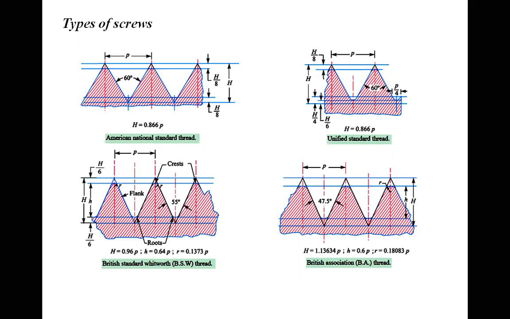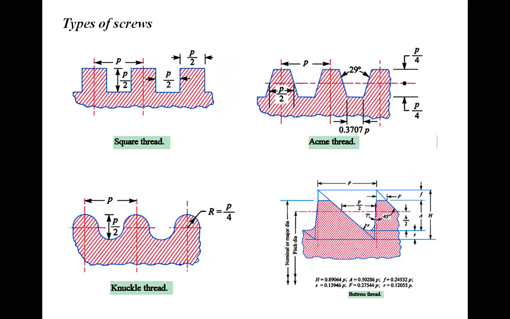If it is 55 or if it is 47, then the British have given these two types. In addition to these screws, we know that there are power screws that already we have studied: the square thread, acme thread, knuckle thread, buttress thread, trapezoidal thread. These are some additional threads.